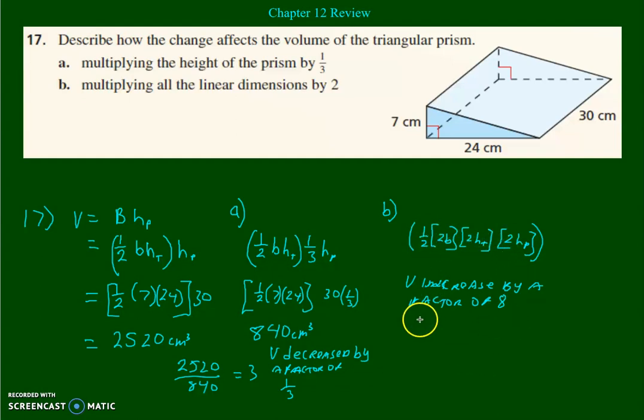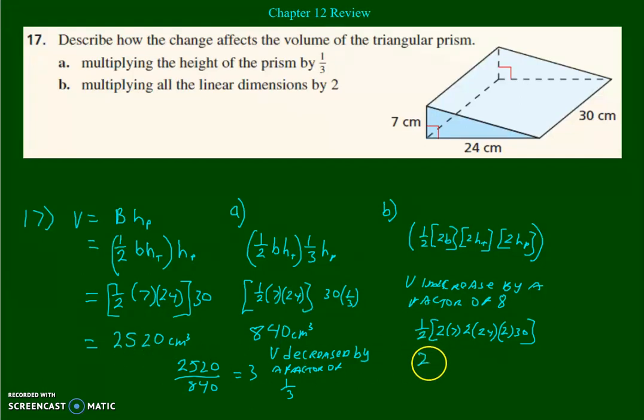And in fact, if we put this into our calculator, we have 1/2 times 2 times 7 times 2 times 24 times 2 times 30. We would get 8 times this value. So let's see if that's true.